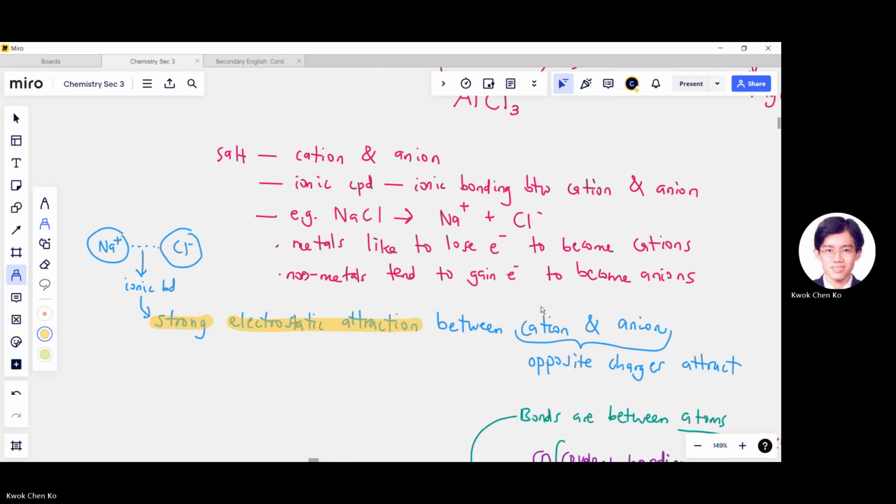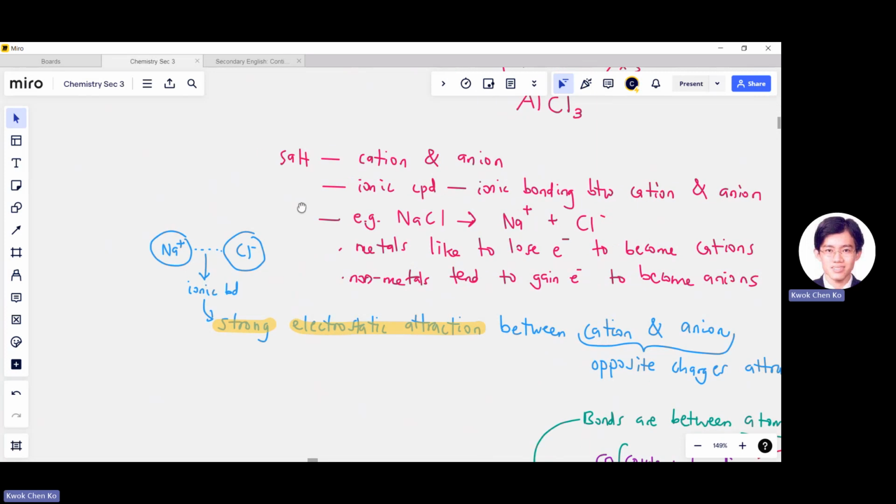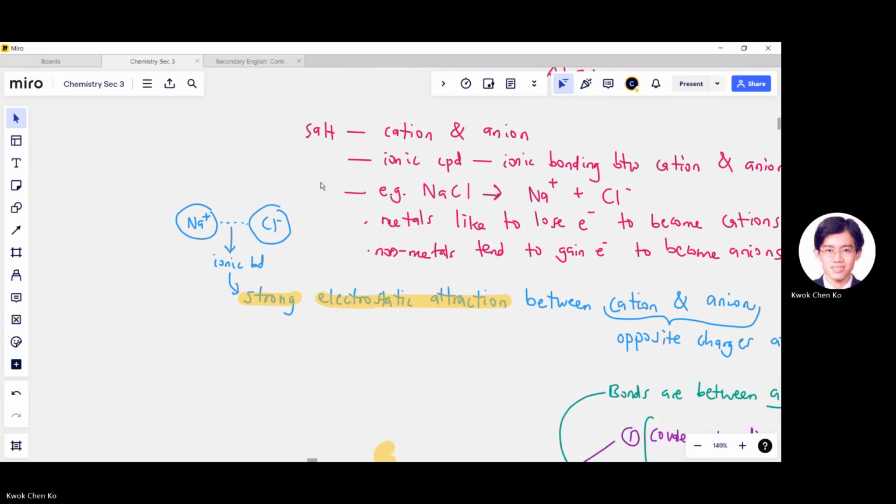But things are not that simple, unfortunately. Do you think your sodium is going to be alone? Do you think your chloride is going to be alone? It's not. In other words, I will have other chloride anions around too. Okay, I may have one here, one here, one there.